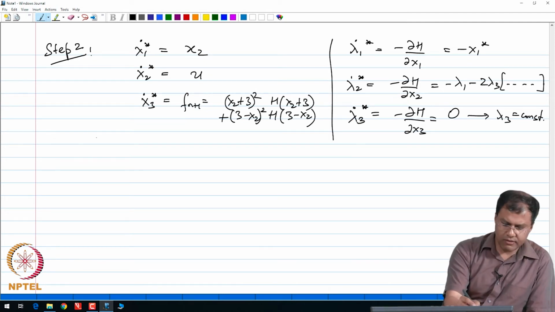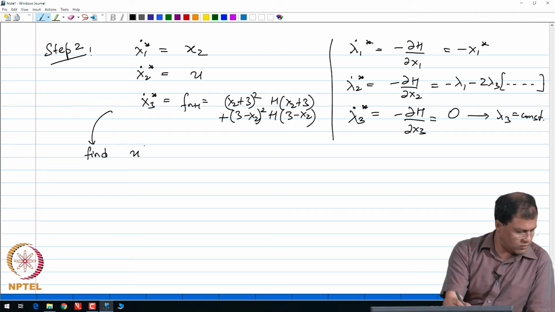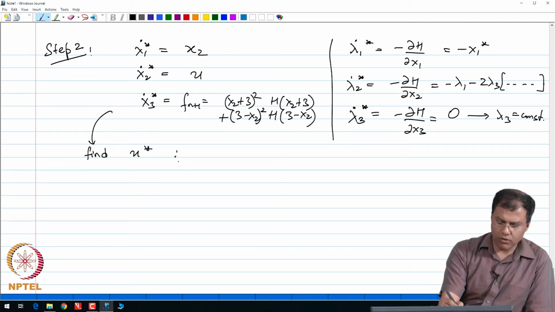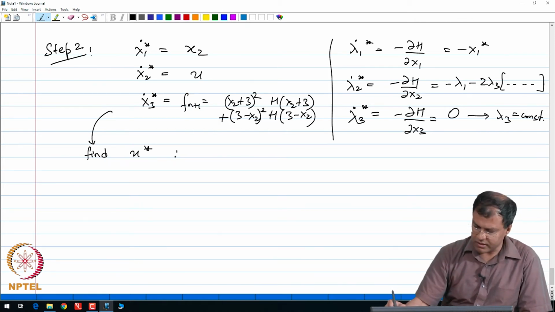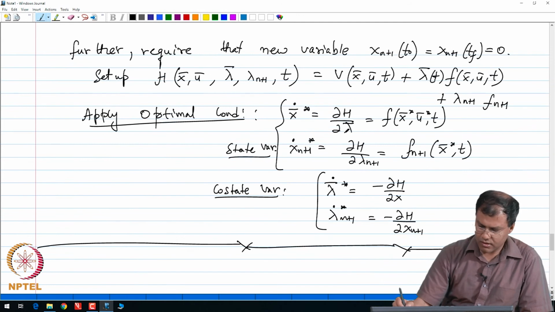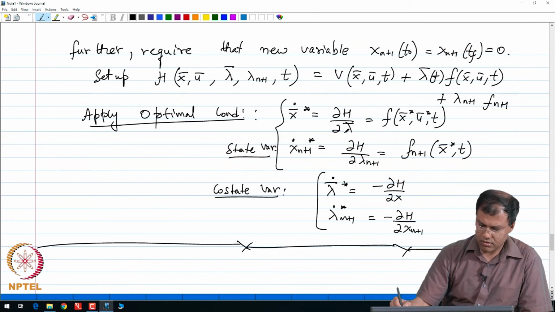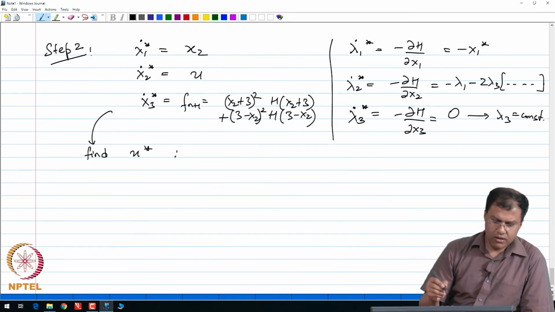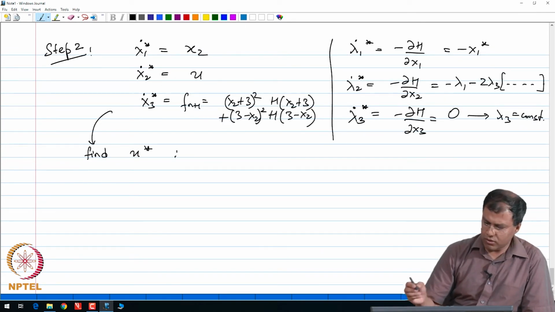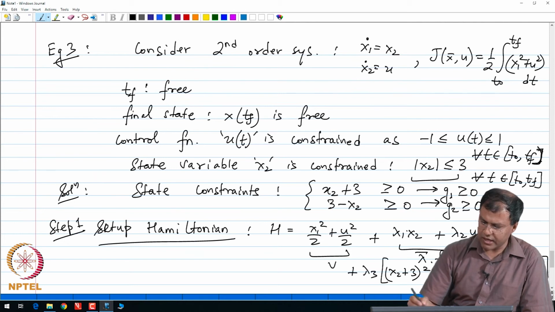The next step is from here I find my optimal control u star. So, to find the optimal control u star, let us look at the Hamiltonian again.